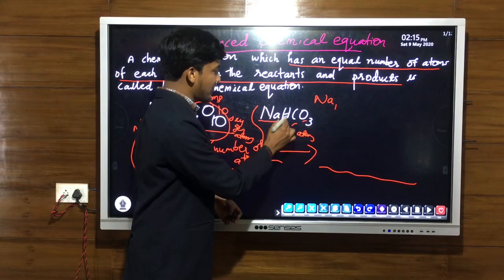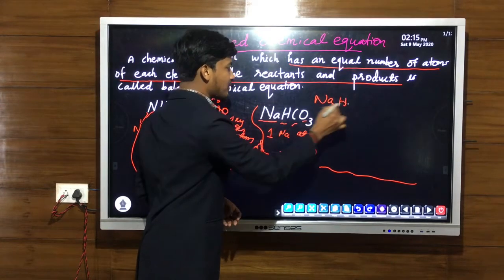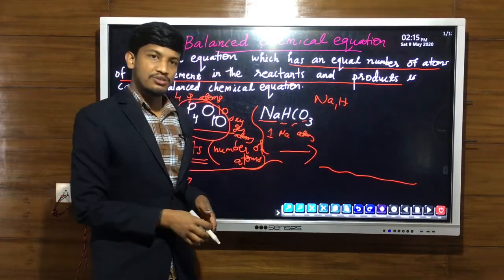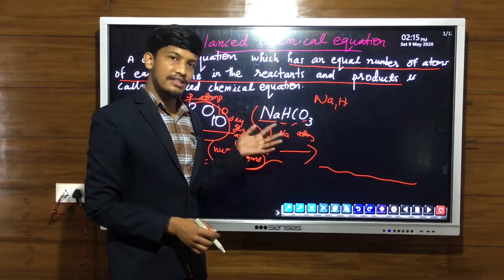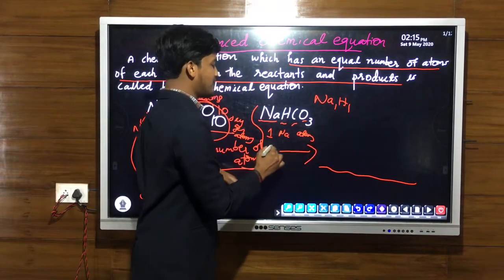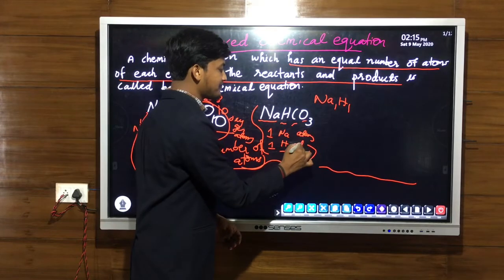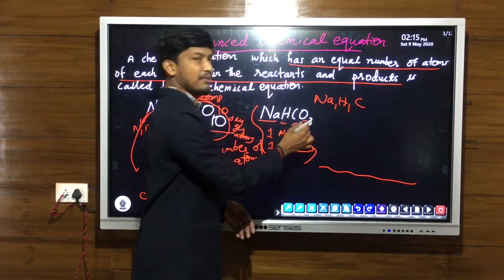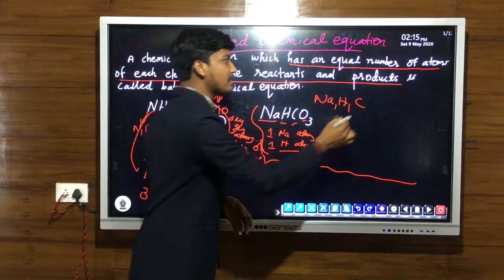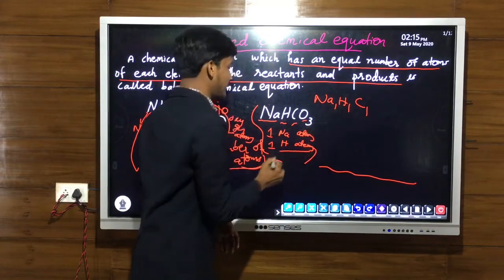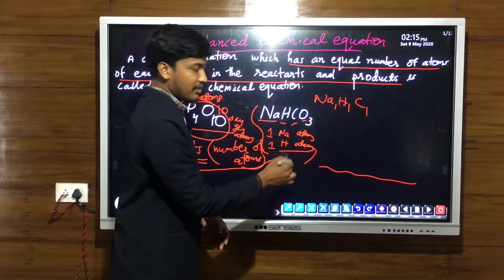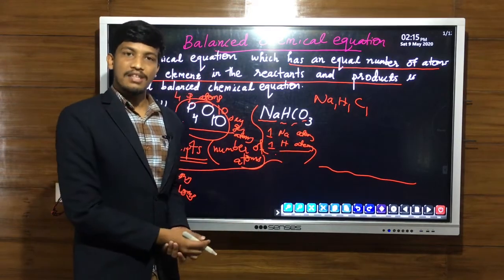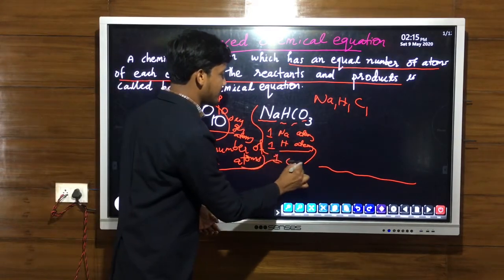Second one, hydrogen. How many hydrogen atoms? In the case of hydrogen also there is no subscript, so that is 1. So H1, 1 hydrogen atom. Then C, with C also no number, so that is 1 carbon atom. C means carbon, and with C no subscript, so 1 carbon atom.